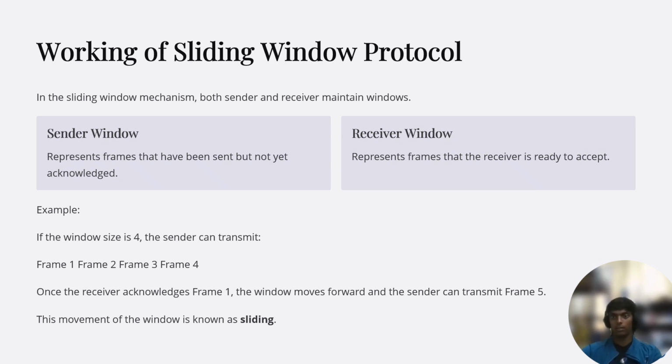Suppose the window size is 4. The sender can transmit frames 1, 2, 3, and 4 without waiting for acknowledgements. When the receiver sends an acknowledgement for frame 1, the window shifts forward and the sender can transmit frame 5. This movement of the window is called sliding. This is why the protocol is known as the sliding window protocol.